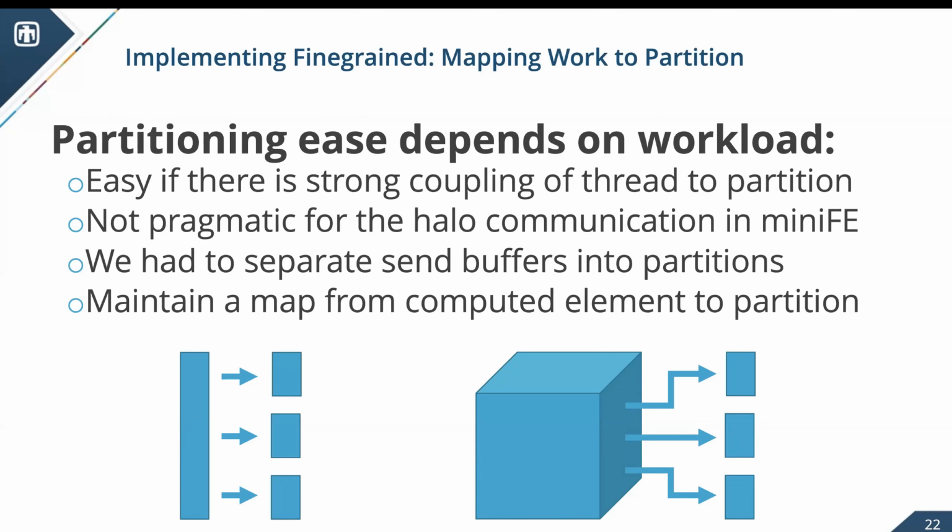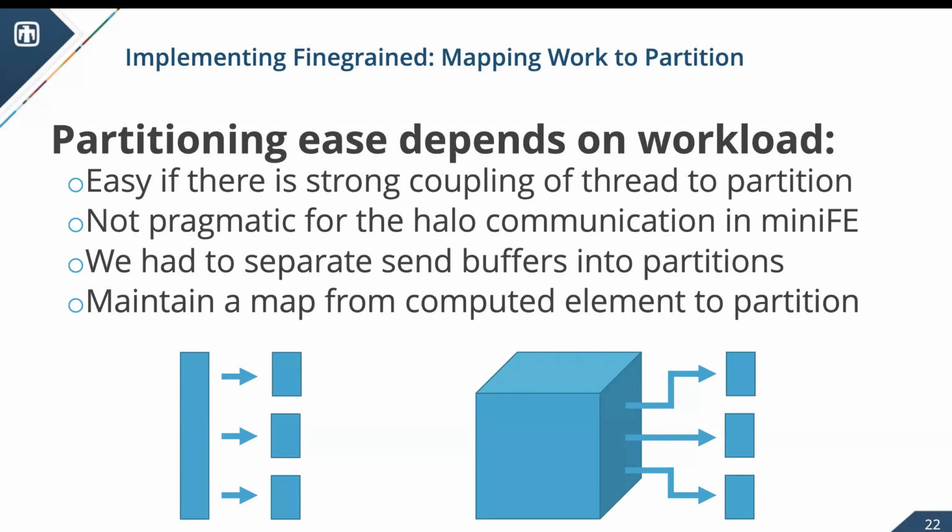So often what we end up doing is, instead of thinking about things in this way, think about our existing conception of send buffers and start breaking our send buffers into partitions. Then once we have that, in order to mark early, we need to maintain some sort of map from a computed element to a send element in a buffer, and then the partition within that buffer.